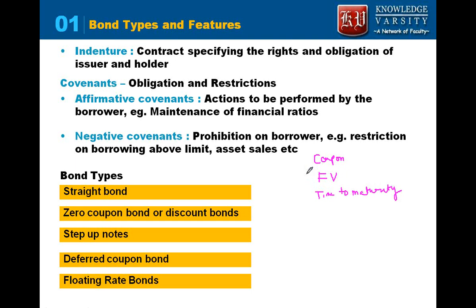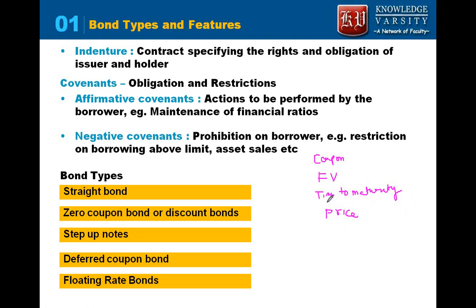As we saw in time value of money, you can find the present value of the bond and then you will have the price. So a bond has coupon, face value, time to maturity, price. Depending on how these are structured, you can have infinite bond types.